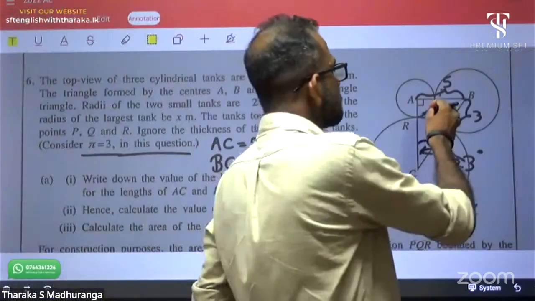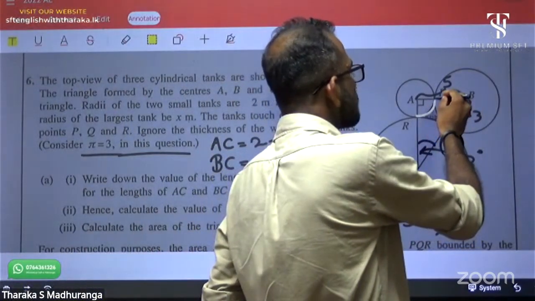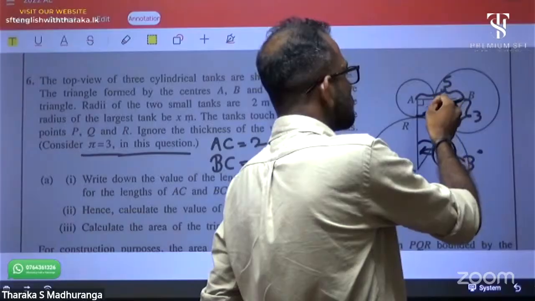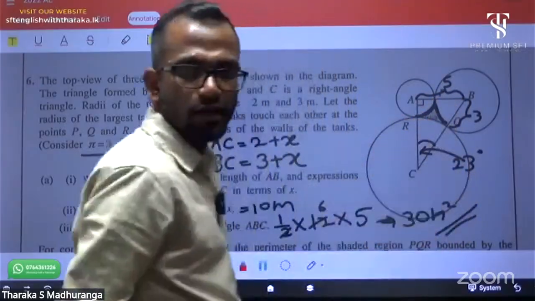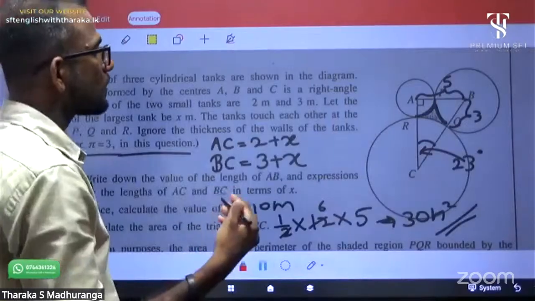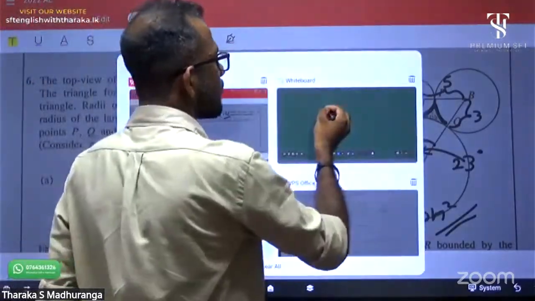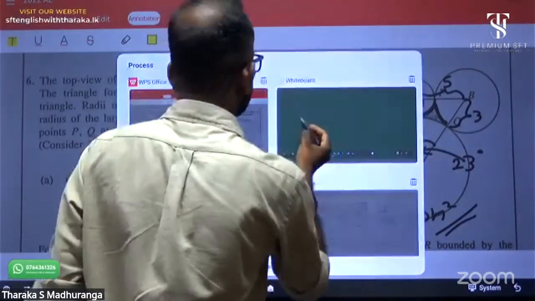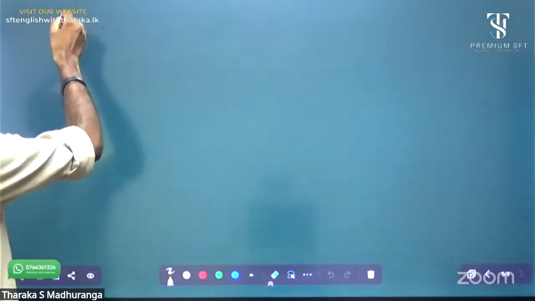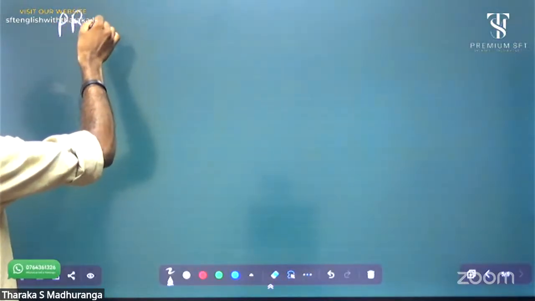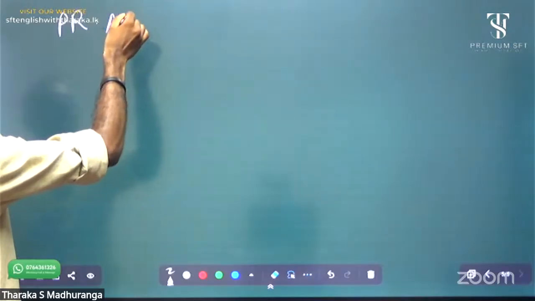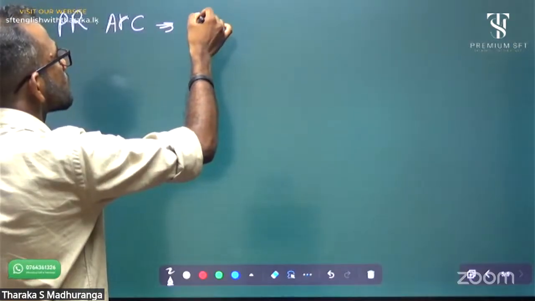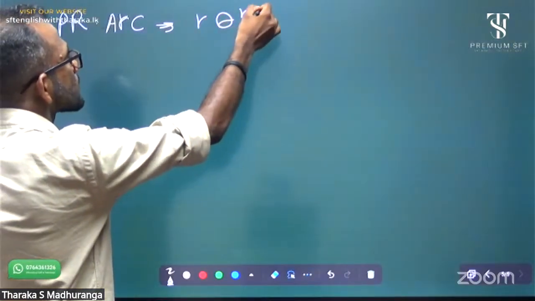Now, to get the shaded part perimeter, you can get the arc lengths one by one. The first arc length was 3 to the nearest whole number. Now you can get the 90-degree angle arc length, the PR arc length. It equals R theta radian.